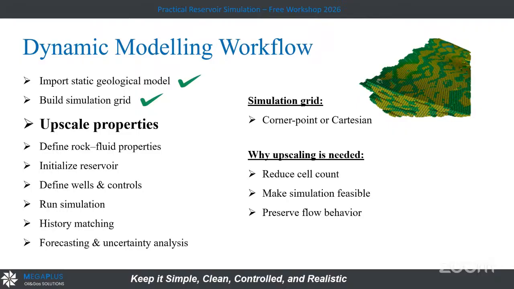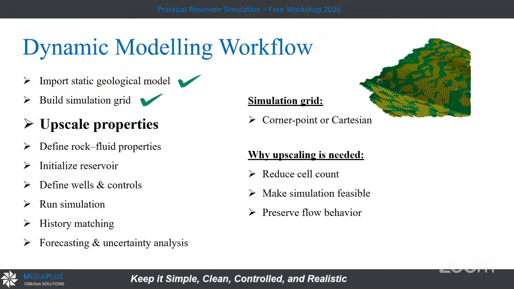And I told you yesterday that in upscaling, our target is to make the minimum cells that respect the geology. These grids are for the flow, to ensure the flow when you make the dynamic. So make it fast as much as you can without any complications. So you have to make fewer cells.